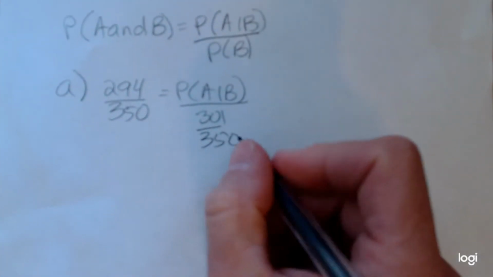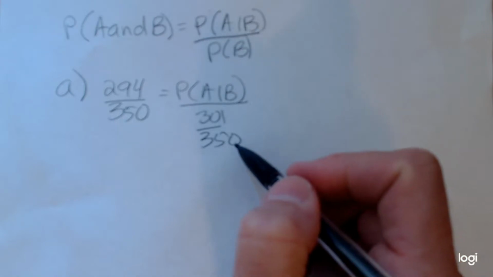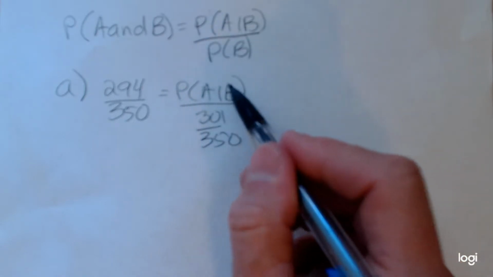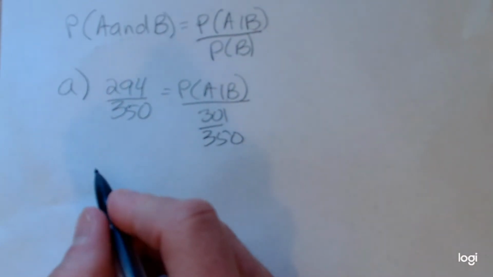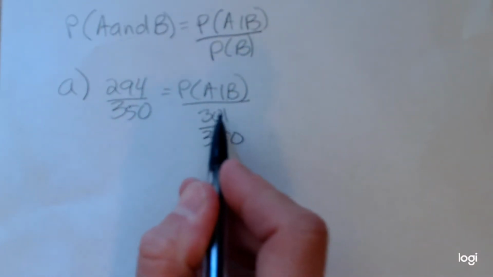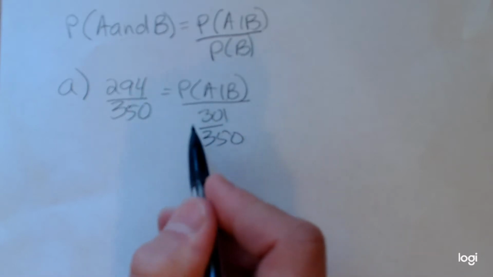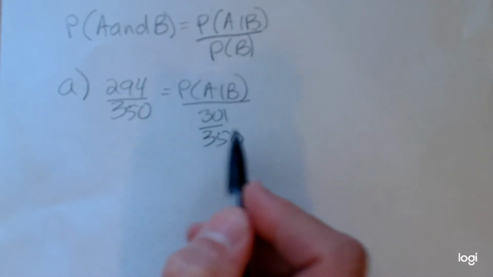So all you have to do is isolate this probability of A given B. Very easy to do. I'm just going to multiply by the reciprocal of this denominator.